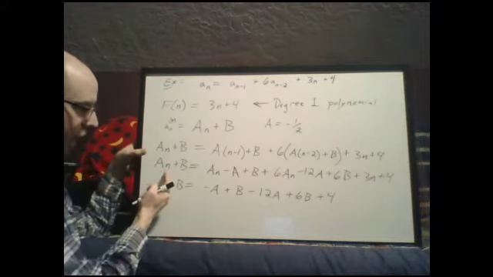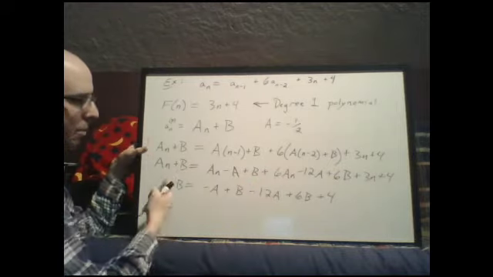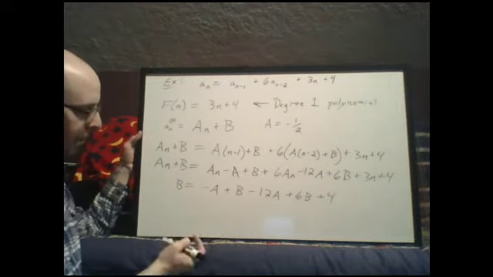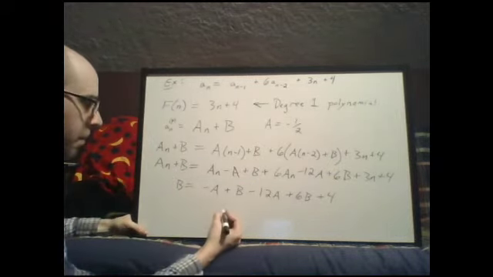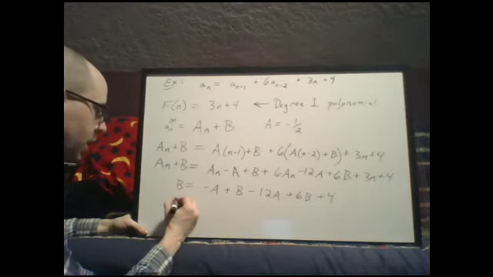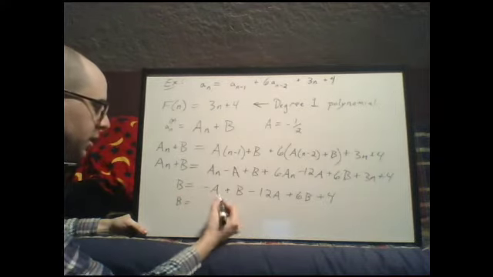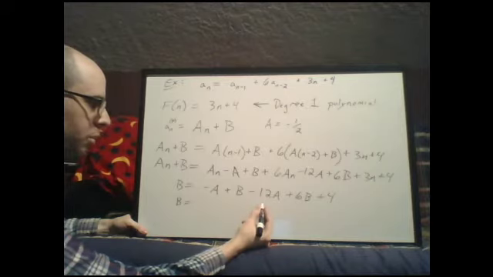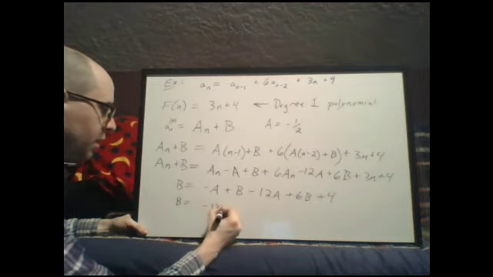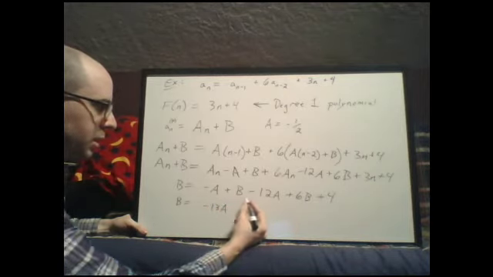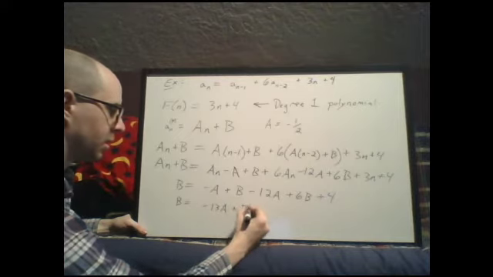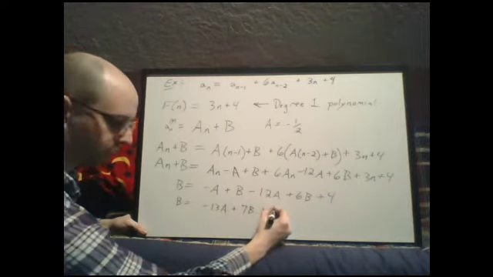If the n coefficients have to be the same, the constant parts have to be the same. So now let's consolidate this. B equals negative A minus 12A, which is negative 13A, and I've got 7B plus 4.